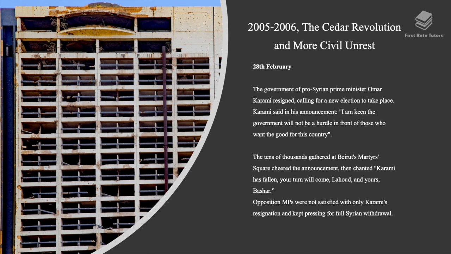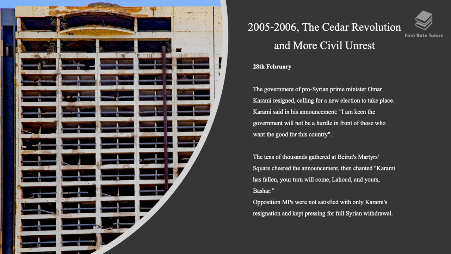On February 28th, the government of pro-Syrian Prime Minister Omar Karami resigned, calling for a new election to take place. Karami said in his announcement, "I am keen the government will not be a hurdle in front of those who want the good for this country."